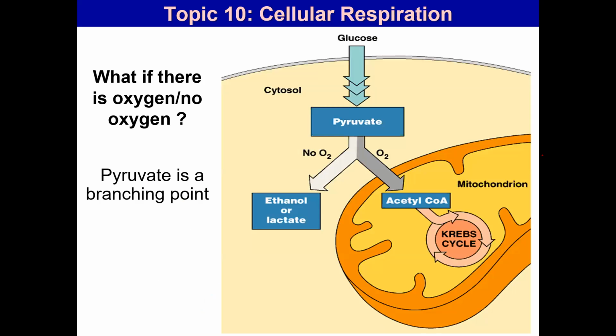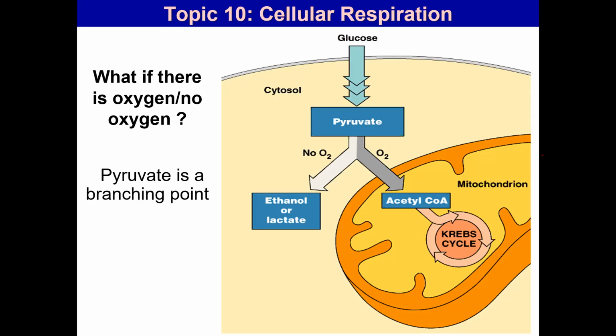It won't be a long answer question, but I'll definitely ask you some question about what happens when there's no oxygen, and the answer is usually some sort of fermentation. Remember that glycolysis happens in the cytoplasm, no oxygen required. So we can make pyruvate and we can make ATP using fermentation, but we cannot go any further for aerobic respiration unless we have oxygen.